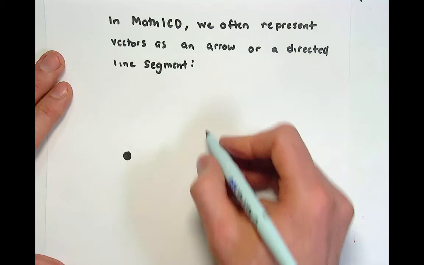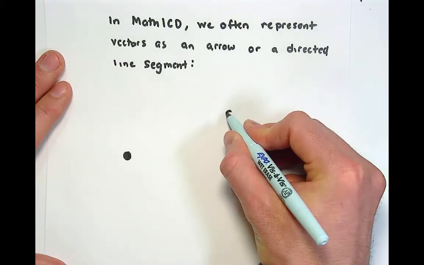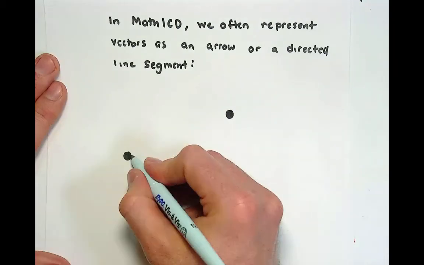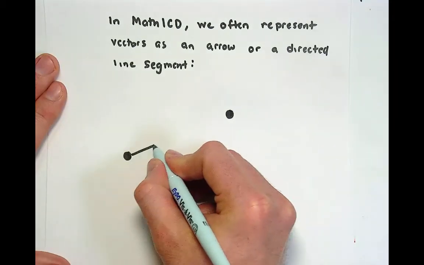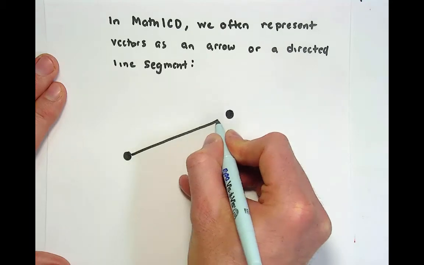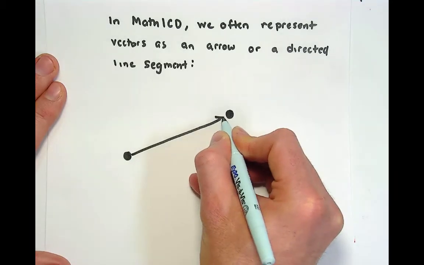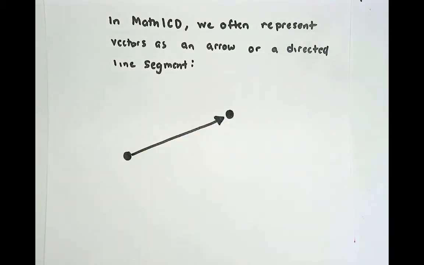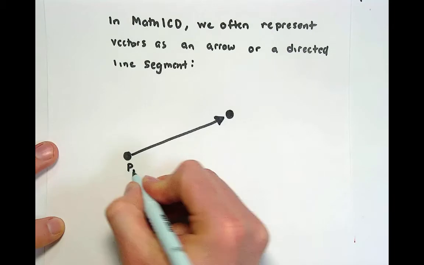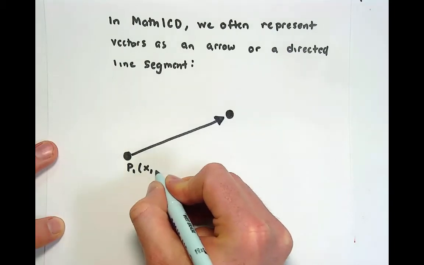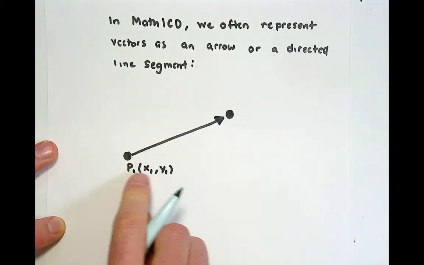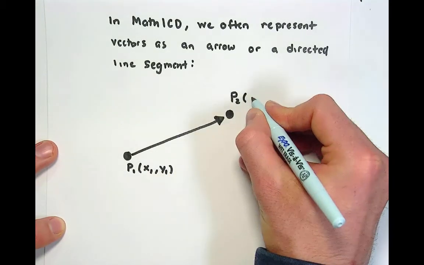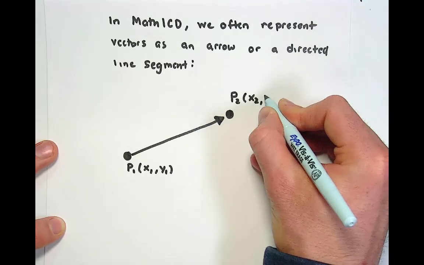We'll have what we call a terminal point, and then the vector is kind of a connectivity between these initial and terminal points. So perhaps you call this initial point P1, and we write it as an ordered pair x1, y1. You can tell this is a point because there's parentheses. Terminal point we'll call P2, and we'll write it as x2, comma, y2.